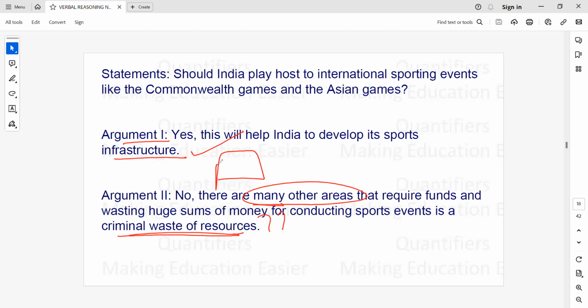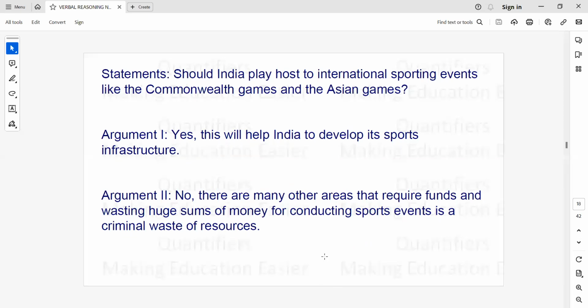There's a budget. The budget is the allocation of resources to every specific sector. How do we know that the other areas require funds? If we are not spending on sports, we are spending on upliftment, we're not sure of this. So here only argument one is strong. I hope that makes sense to you all.